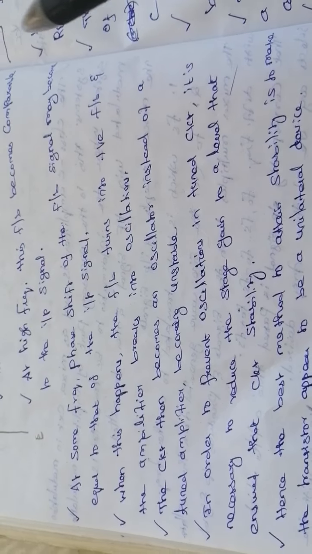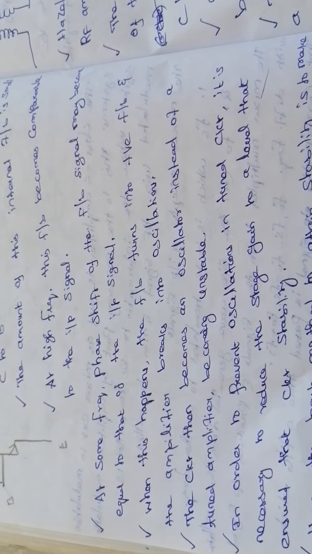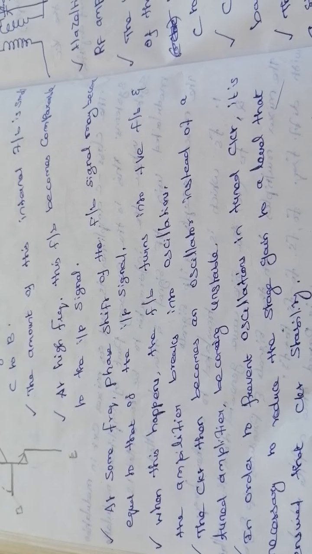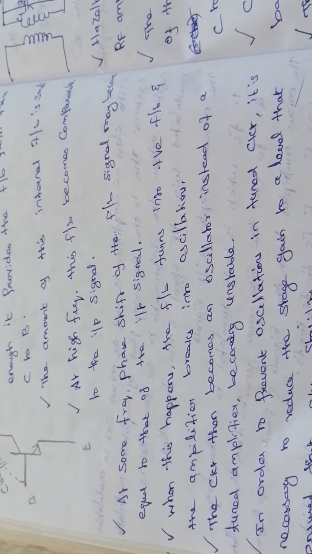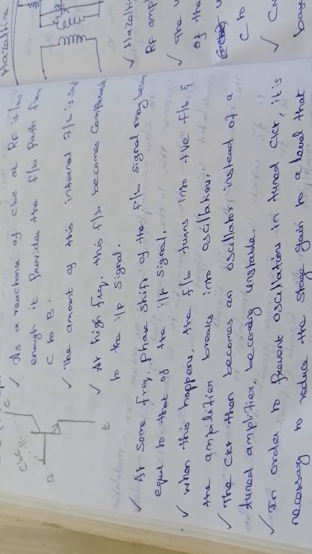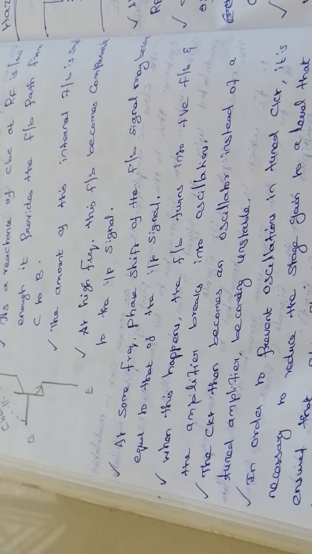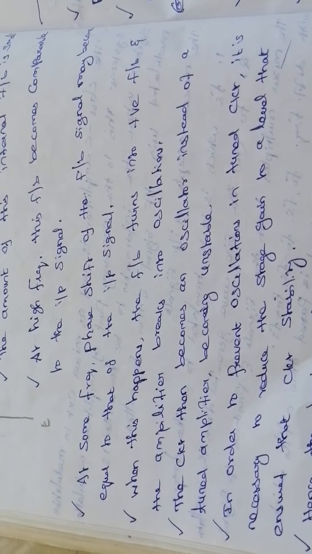So in this topic we are going to see the stability of the tuned amplifier. A tuned amplifier works at a frequency nearer to the unity gain bandwidth, but in that circuit we have an internal junction capacitance. The amount of this internal feedback is small, but at a higher frequency it becomes comparable to the input signal.